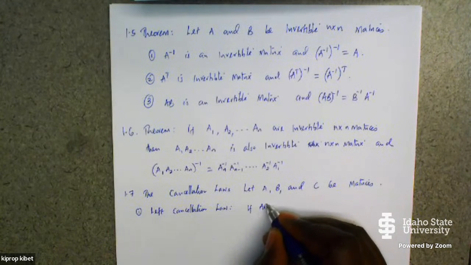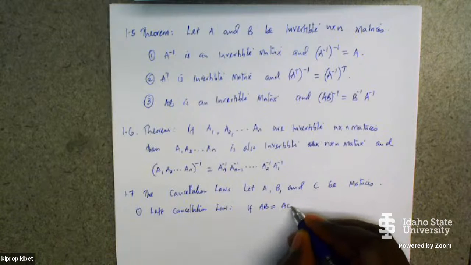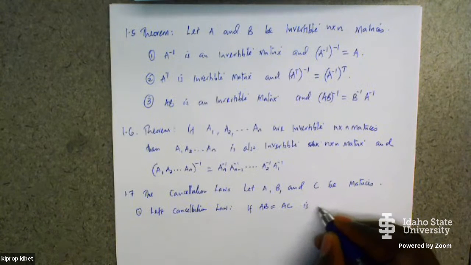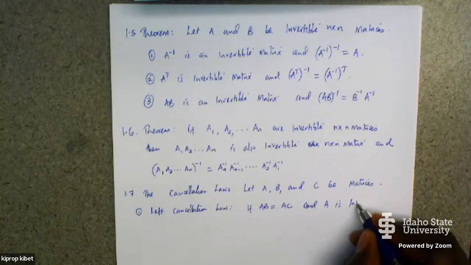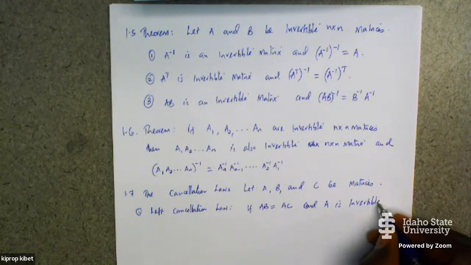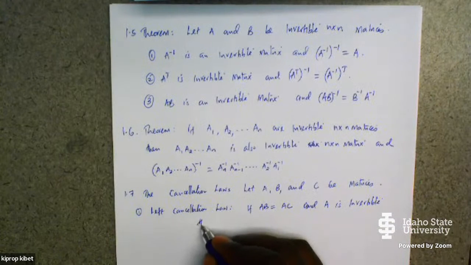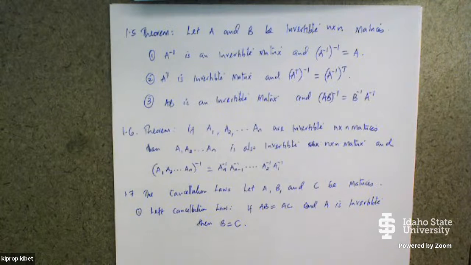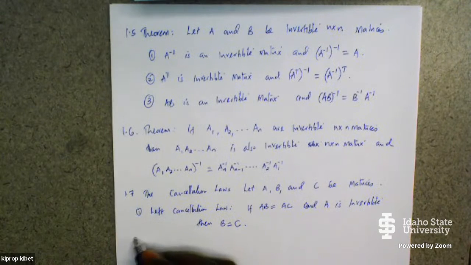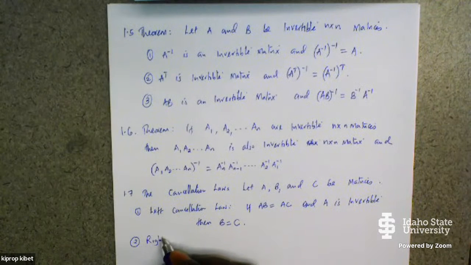If AB equals AC and A is invertible, then B equals C. Number 2, right cancellation.